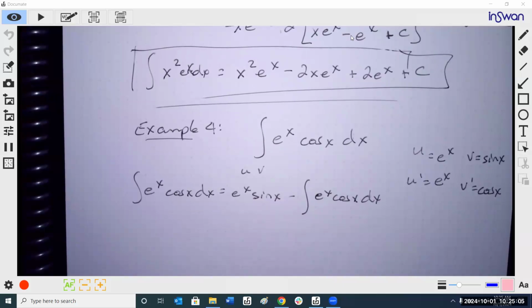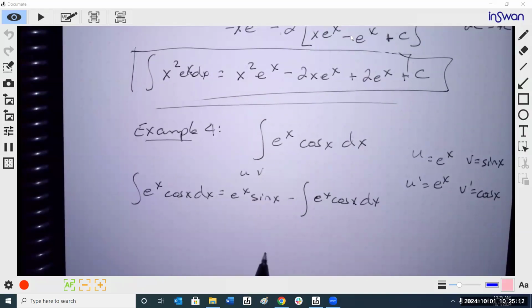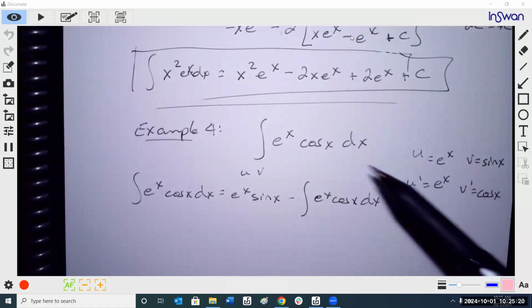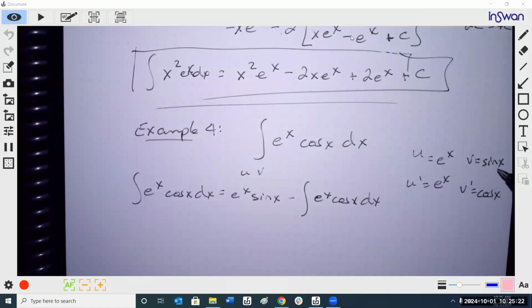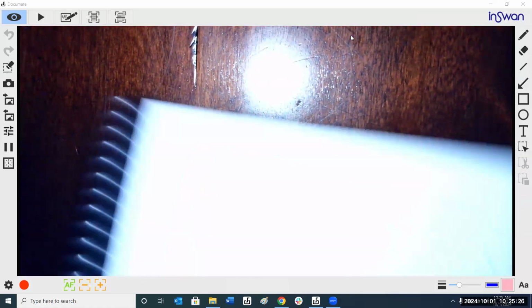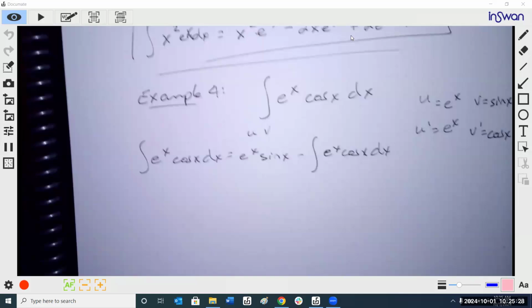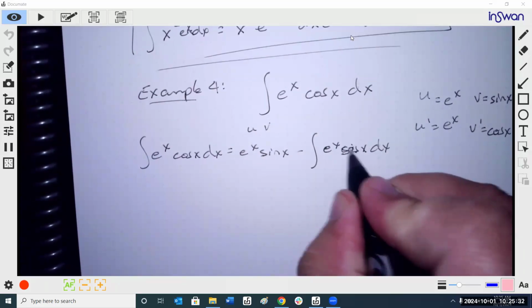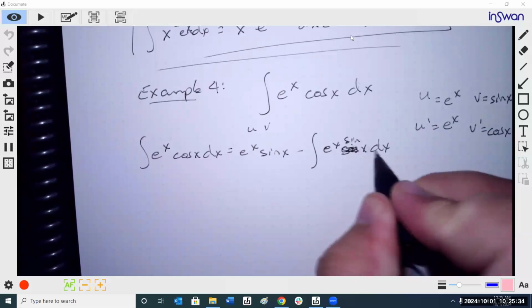Cosine times sine. That's what it is. It becomes sine.